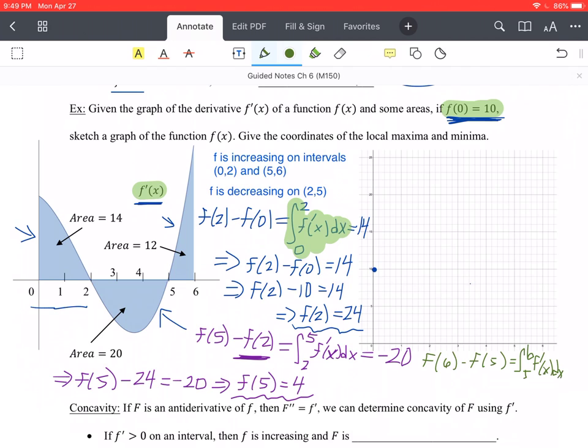And from this area right here, we know that is 12. So we know f of 5 already, as we found right here, was 4. So f of 6 minus 4 equals 12. So f of 6 equals 16. Sorry, it's kind of tight on space in there.